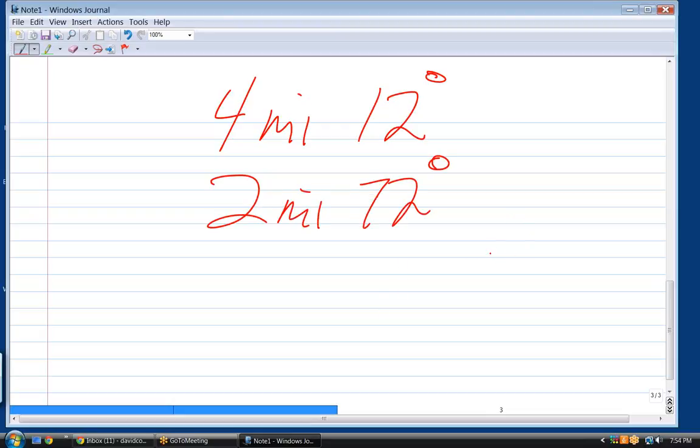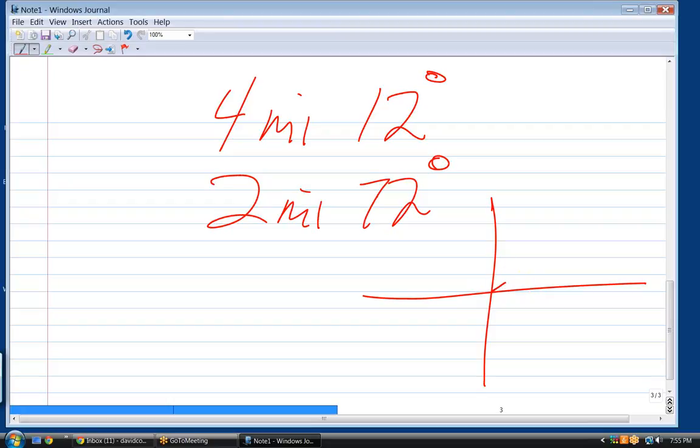Find the distance between the airplanes. Do they measure everything from the north? Did they say the bearing of these planes? I don't think it matters, actually. We're going to do it from the x-axis. Yeah, I think it should be from that x-axis.